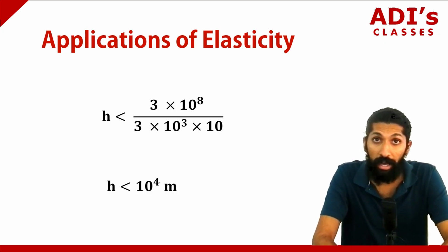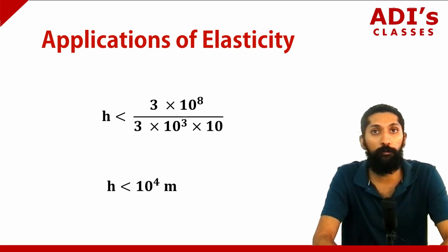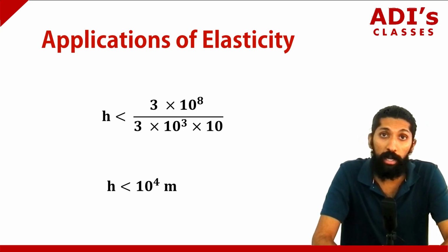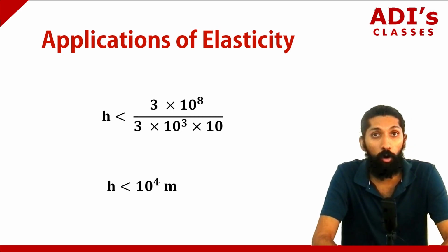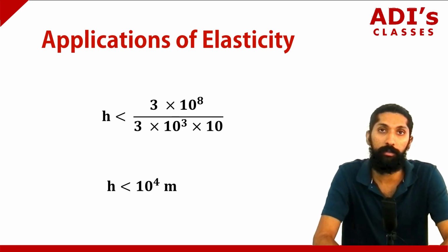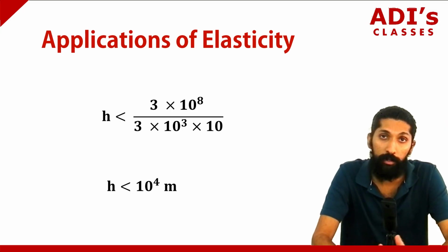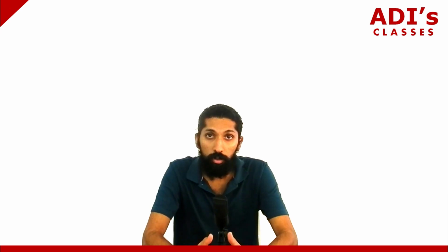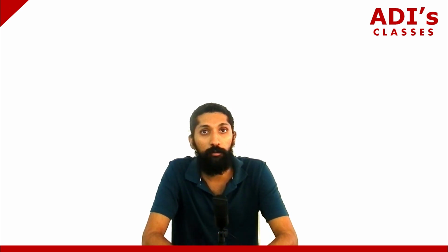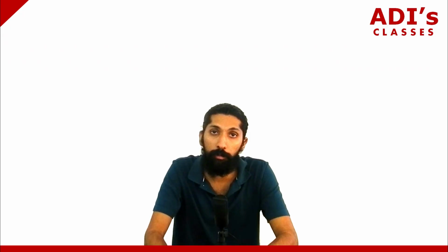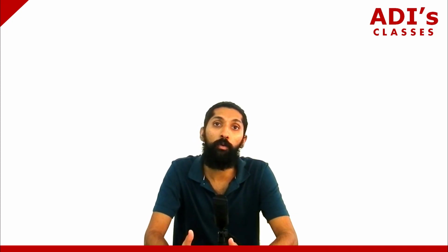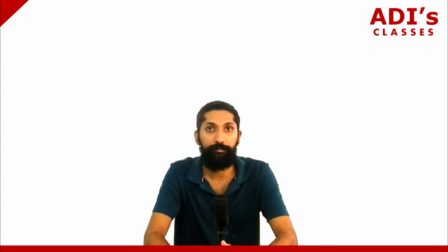Now h has to be less than 10 to the power of 4. 10 power 4 meters is what? 10 kilometer. That means the maximum height a mountain can have on Earth is less than 10 kilometer. And the tallest mountain is Everest, which is around 9 kilometer. So this is another application where we can use the elastic property of the rock or boulder to figure out what will be the highest or tallest structure.